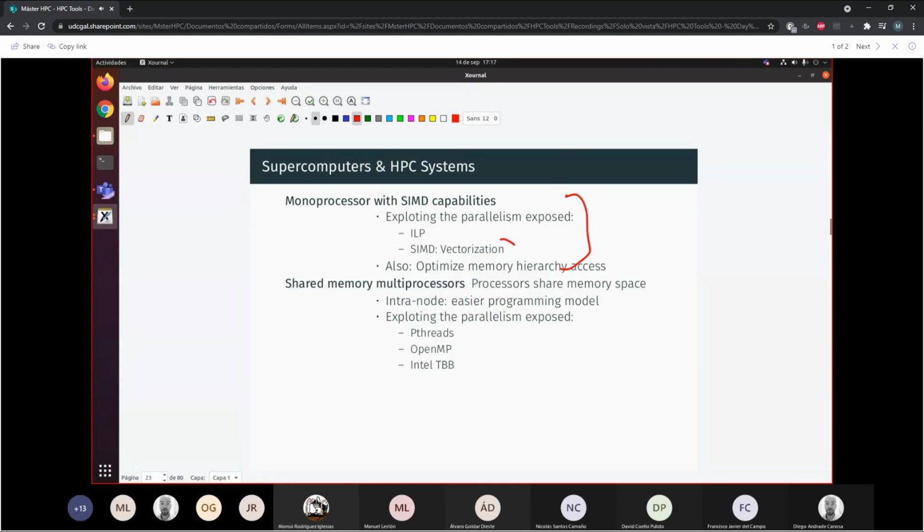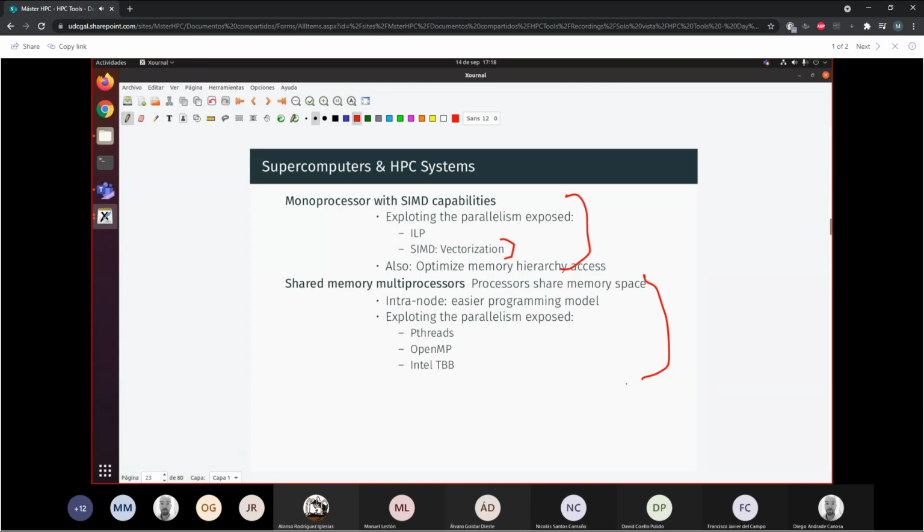In the case of shared memory multiprocessors, this will be something like what you have in your laptop or in your smartphone. What you have are several cores that share the same memory space. So when I access a piece of data, I don't have to wonder if that piece of data is in this node or on a remote node, because everything is in the same computer.